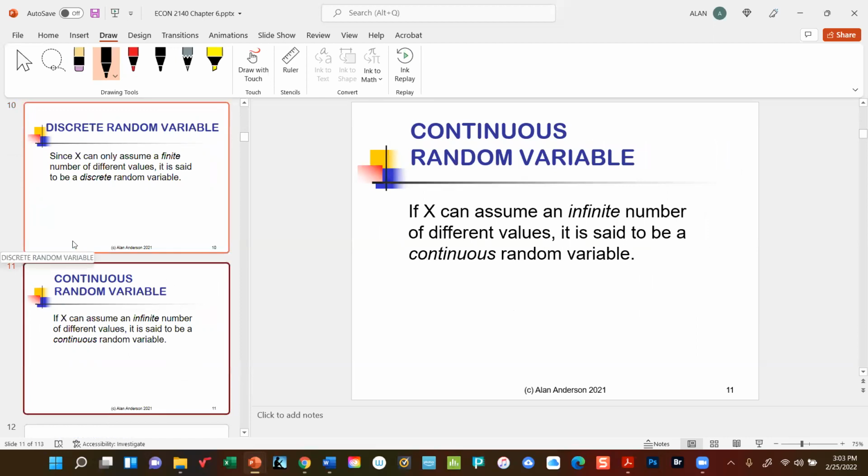This requires X to have an infinite number of possibilities, which we then obviously can't describe with a table. For that, we must have a formula. And also, by the way, we'll be using calculators for these probabilities. In this chapter, we can do them manually. But once we get into chapter 7 with continuous random variables, we have to do everything with a calculator.